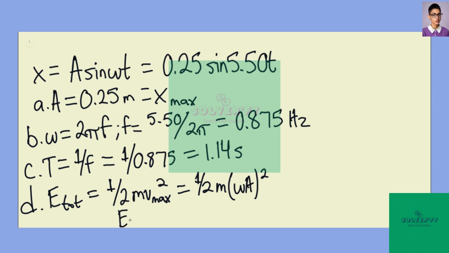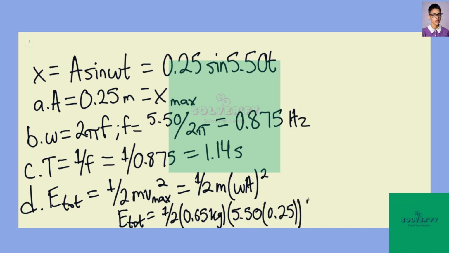So the total amount of energy would be equal to 1/2 times the mass of 0.65 kilograms times the angular velocity of 5.50 times the amplitude of 0.25. This is going to be squared, and the total amount of energy is going to be equal to 0.615 joules.